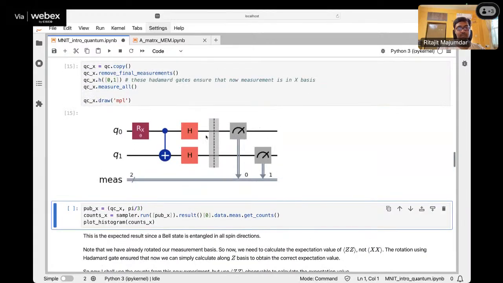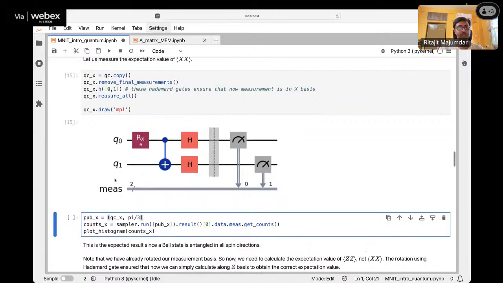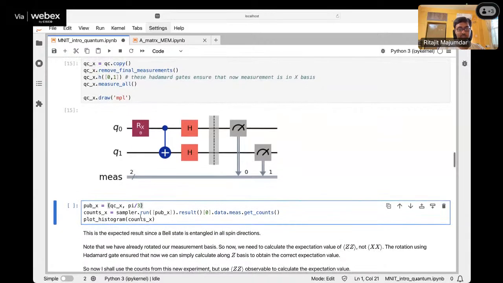So it's this circuit, and again, I am going to run this pub. It's the same pub, just that the circuit is now QCX, measurement in the X basis. I'm just doing sampler.run, sending it a list of pubs, getting the result, 0th element, go to data, go to meas, remember meas, get counts.